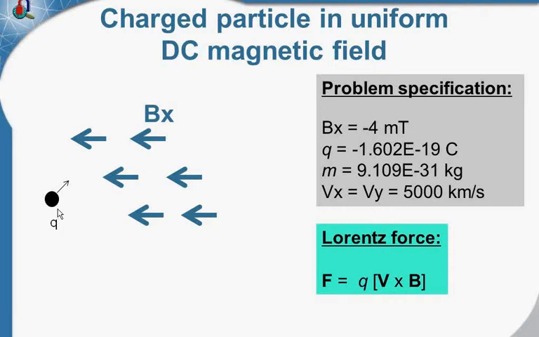We know the particle's initial velocity, about 5,000 kilometers per second. And our task is to calculate the particle trajectory in the magnetic field.